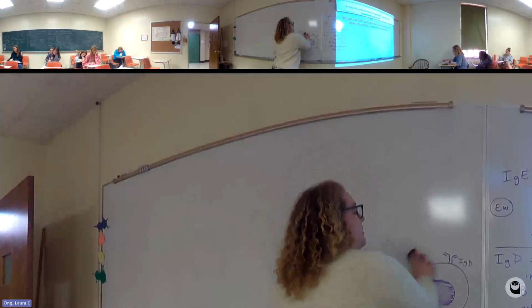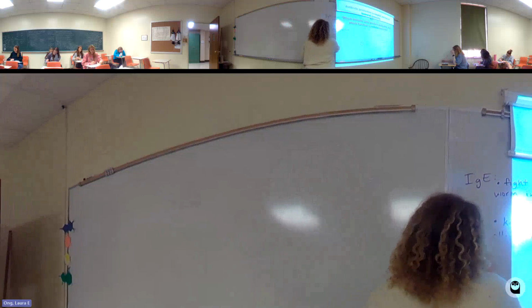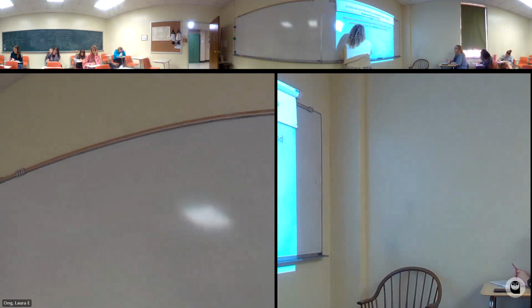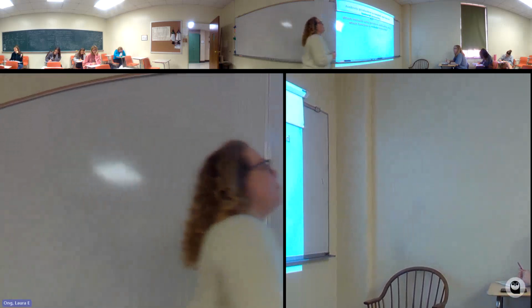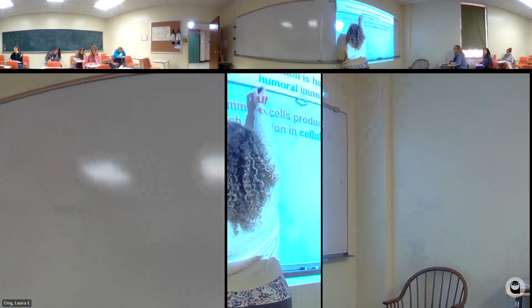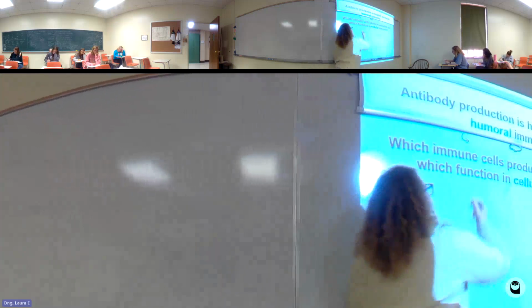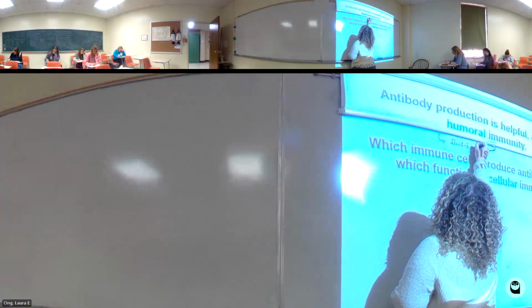Okay. So we make those types of antibodies and they help us in a variety of ways, and there are 5 classes of them. We call the type of immunity that comes from antibodies humoral. It's not humorous like funny, but humoral, which is fluid based.